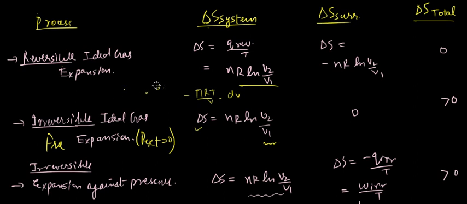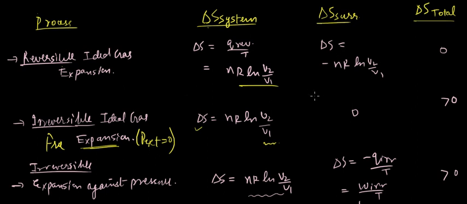So Q would be equal to minus W, so Q would be something like plus of this, and delta S would be equal to this Q, because this is a free expansion. So this Q by T, or dQ by T, with T and T cancelled again, delta S can be written as nR ln V2 upon V1, and delta S surrounding would be equal to 0.